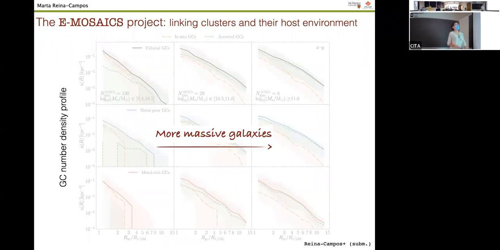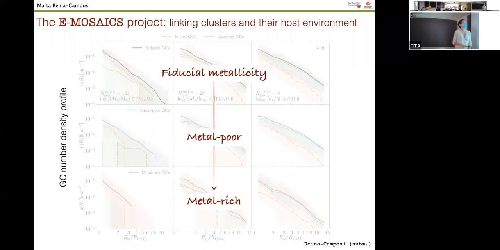Then, as we go from the left column towards the rightmost column, we're looking at globular cluster populations that are hosted in more massive galaxies in 3 different mass bins. And as we move from the top of the figure to the bottom, we're looking at globular cluster populations that have our fiducial metallicity range, or we're just focusing on metal poor objects, or we're just focusing on the metal rich ones.